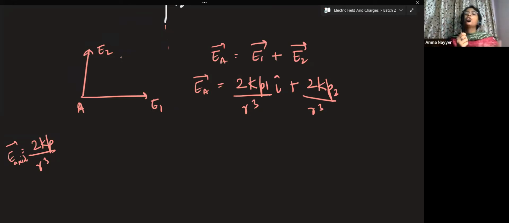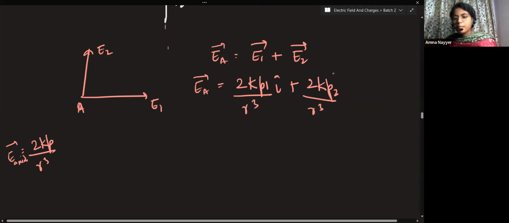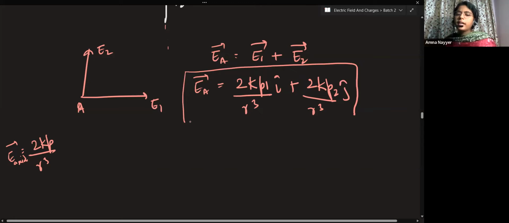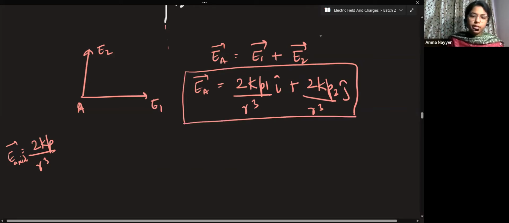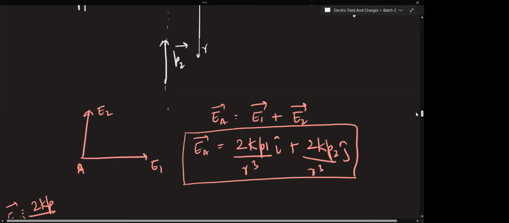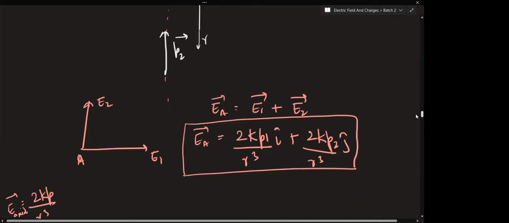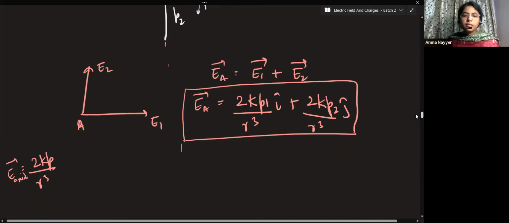The unit vector for the positive y-axis is j cap. This is your answer. And in the question, if you are provided with different values, just write all the values that are given and solve it. So clear? Will you be able to identify equatorial, axial and solve it? Yes, ma'am. So just note down all those who have not written.